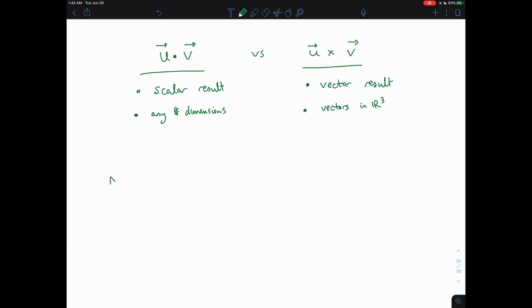So one upshot is that, for numbers, if I did 2 times 3 with a dot or 2 times 3 with a times sign, you get 6. They're the same.